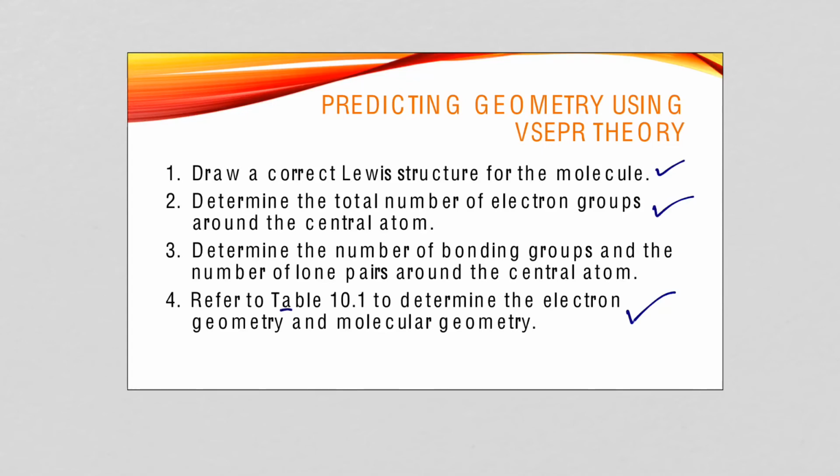But again, for the homework, it's great to refer to the table, but for the exam, we will need to memorize the information in that table, at least the names of the geometries and the appropriate bond angles for those.